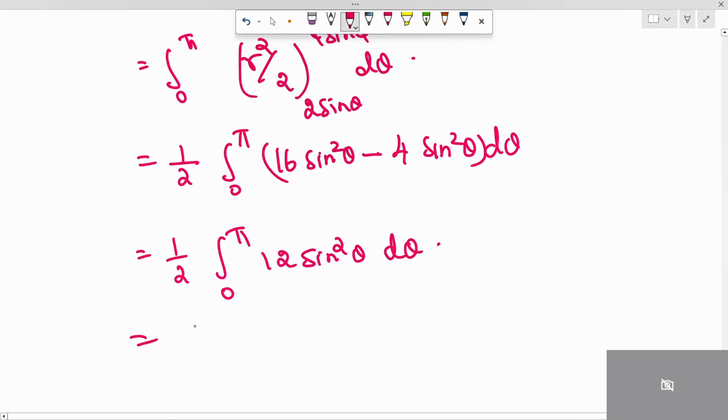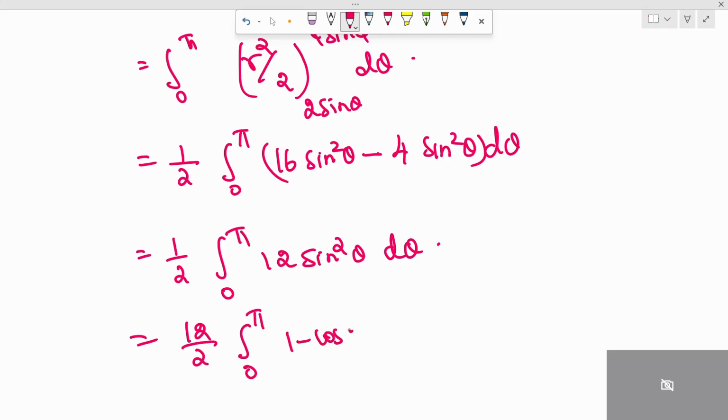Here 12 constant take outside, 12 by 2 integral 0 to pi sin square theta. We can't integrate directly, but we know the formula sin square theta equals 1 minus cos 2 theta by 2, d theta.